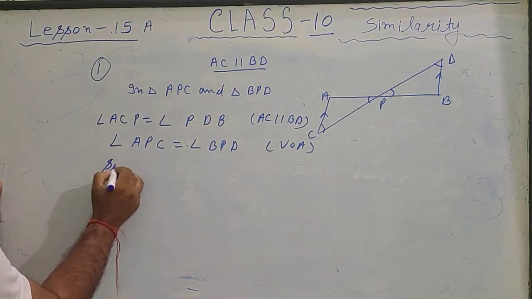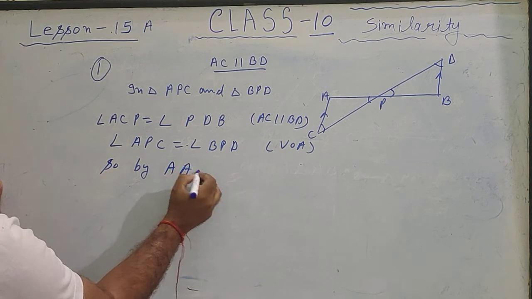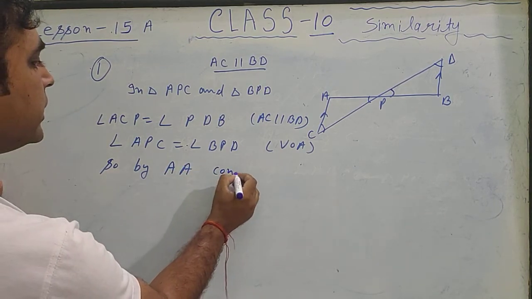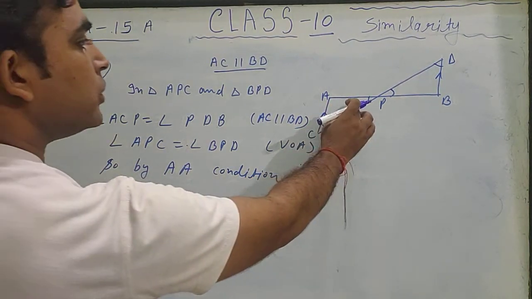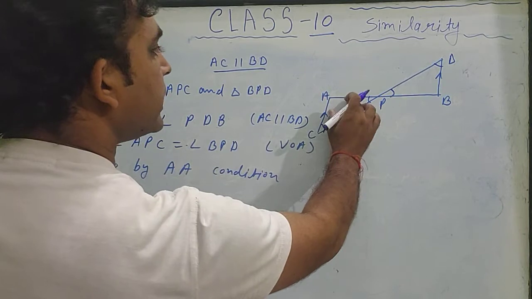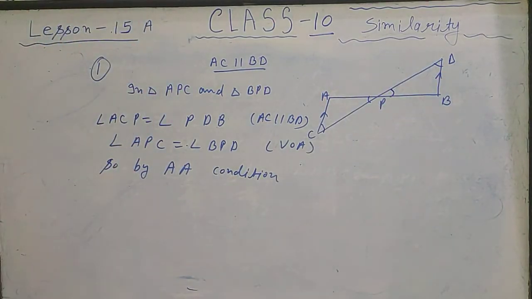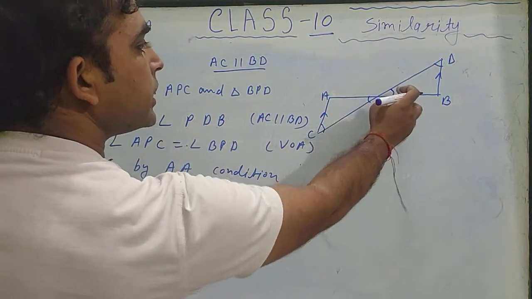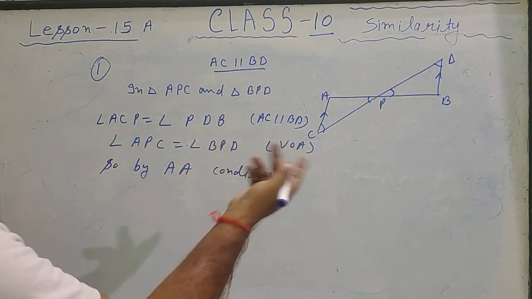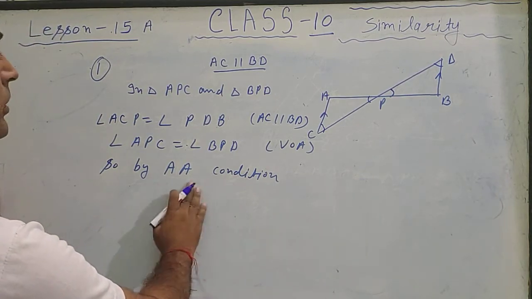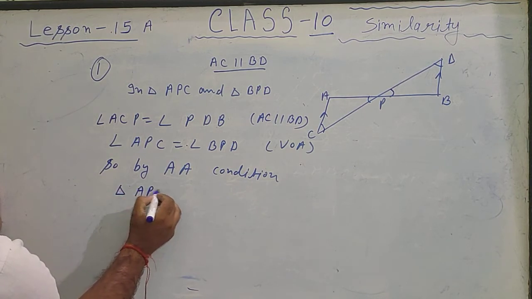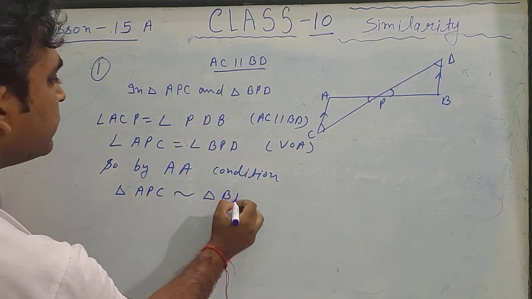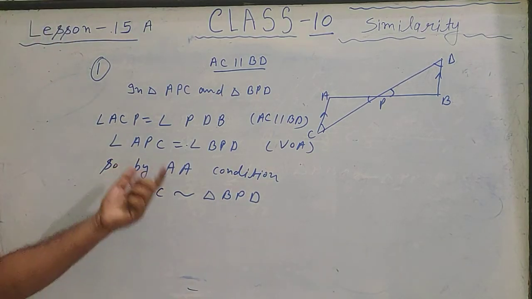So by angle criteria, the first condition is what, if two angles of one triangle are equal to the two angles of the other triangle, then both triangles will be similar to each other. So this angle is equal to this angle, this angle is equal to this angle, means two angles are equal. That's why by angle condition, means first criteria of similarity, triangle APC is similar to triangle BPD. बस इतना सा सॉल्यूशन होगा.